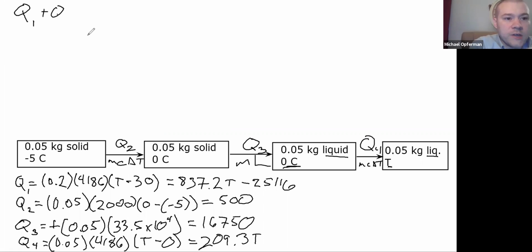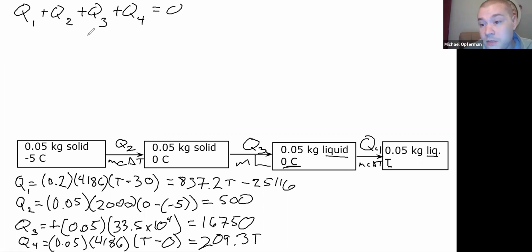That is conservation of energy. All of the heat exchanged sums to 0. And naturally, some of these are going to be positive and some of these are going to be negative. It might not be quite obvious what's positive and what's negative for the ones that have variables in them, like Q1. But rest assured, Q1 must turn out to be negative if this makes any sense.